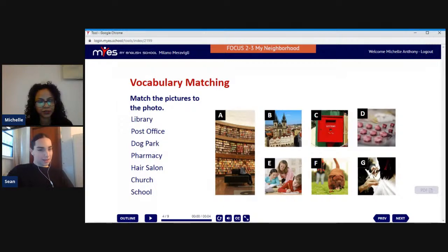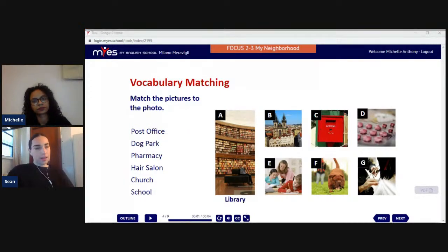I think it's a library. And certainly for Italians, this is an important one because a library is a public building where you go to borrow books, not to buy books. You buy books in the bookshop or the bookstore. It's an important difference.